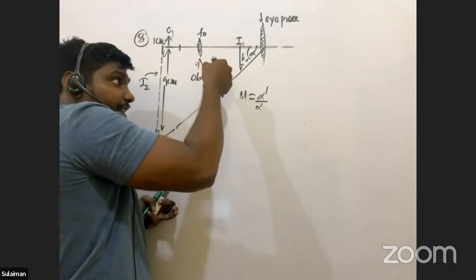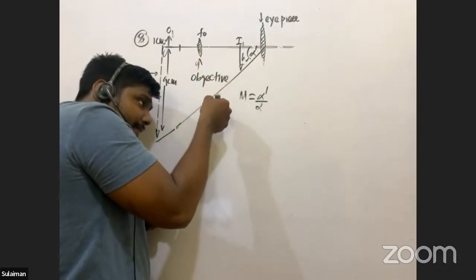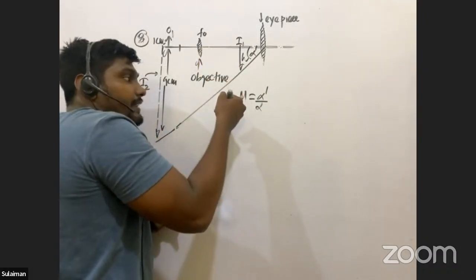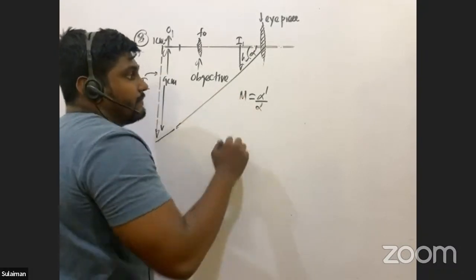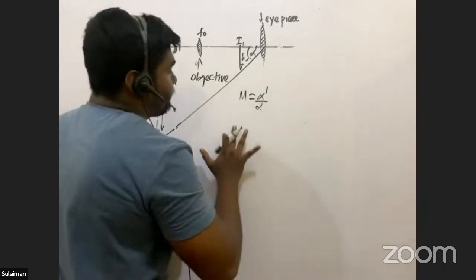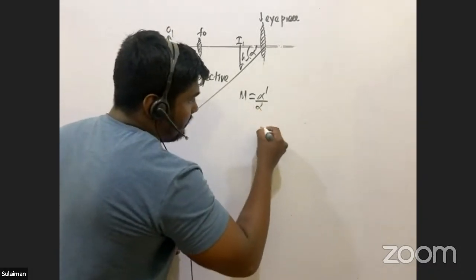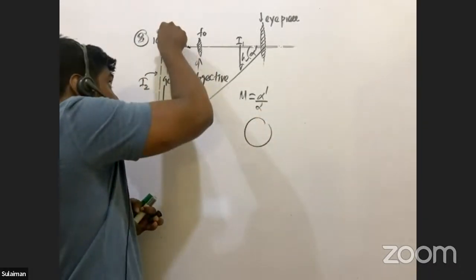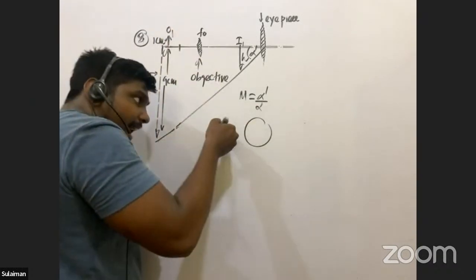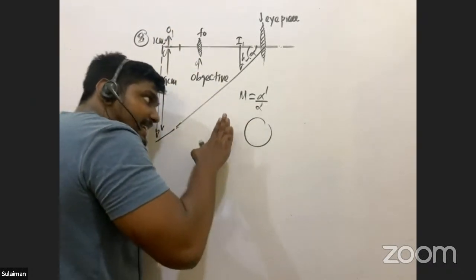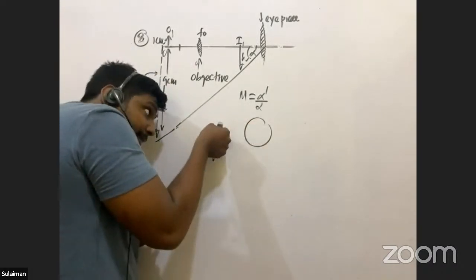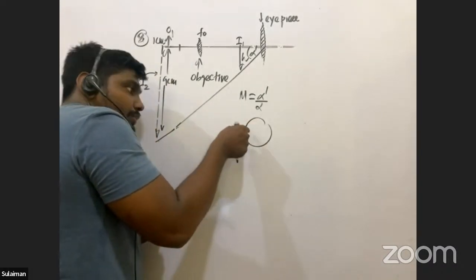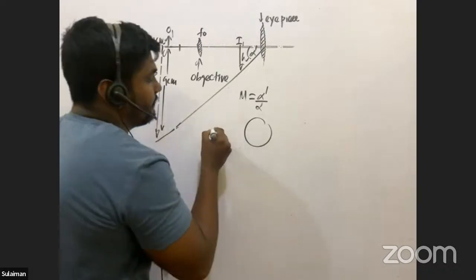When you keep this object at the least distance of distinction in front of your eye, the angle subtended by the object to the eye we call alpha.